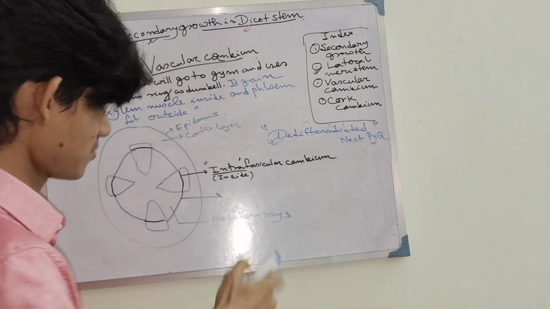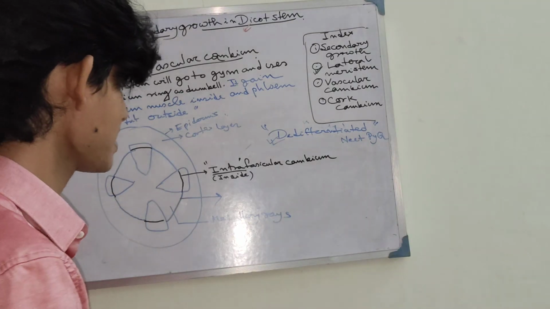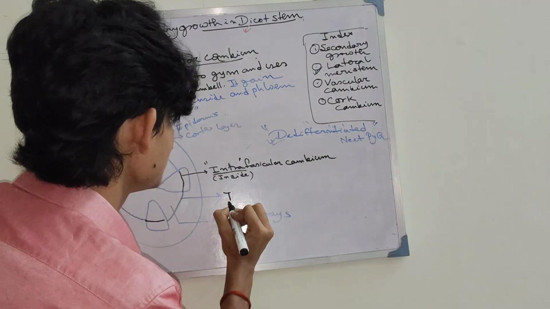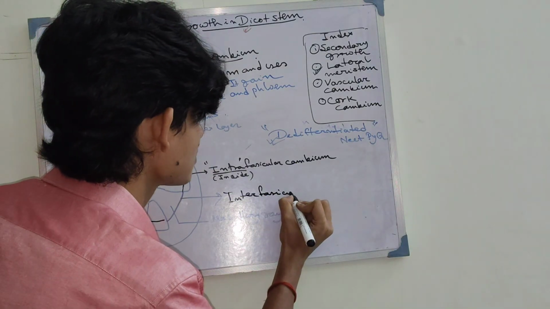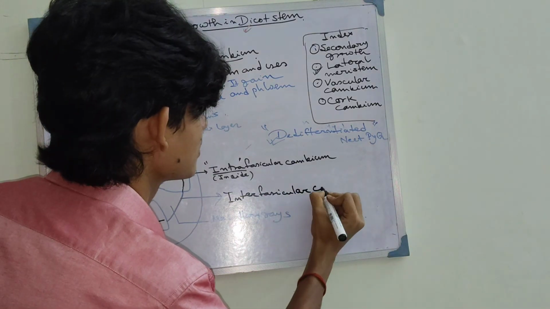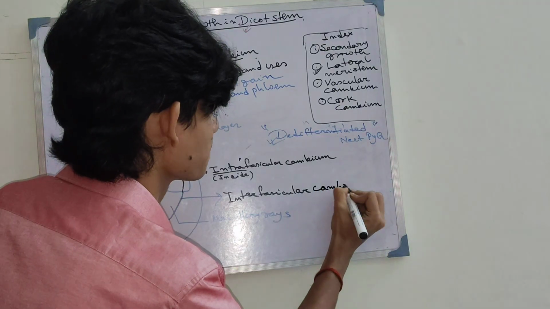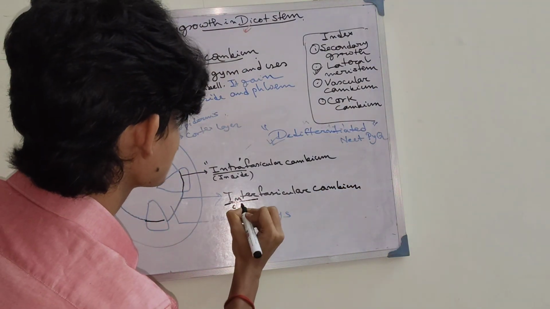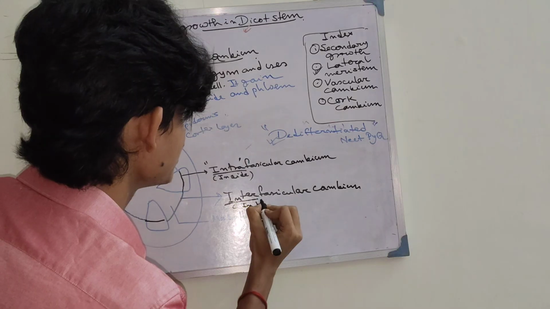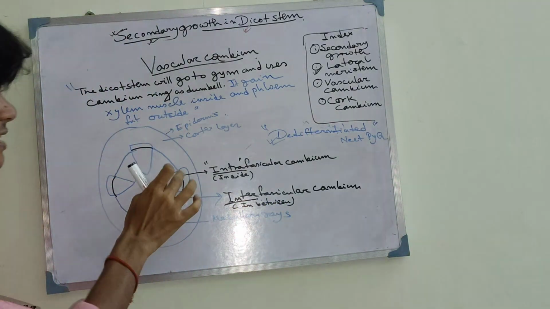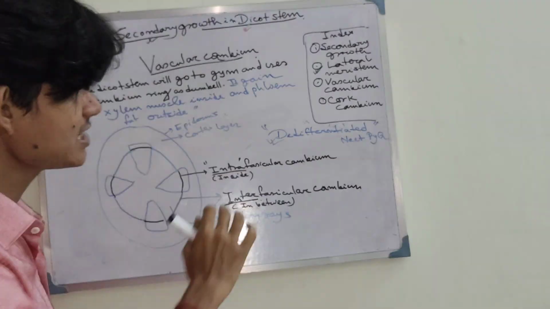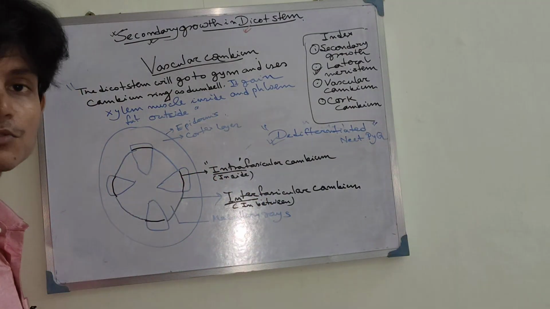This cambium is known as interfascicular cambium. How do you remember? Intra means inside, inter means in between two vascular bundles.